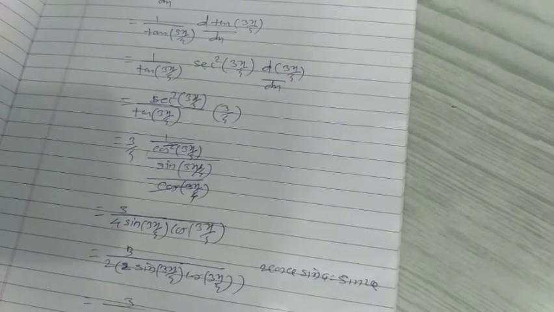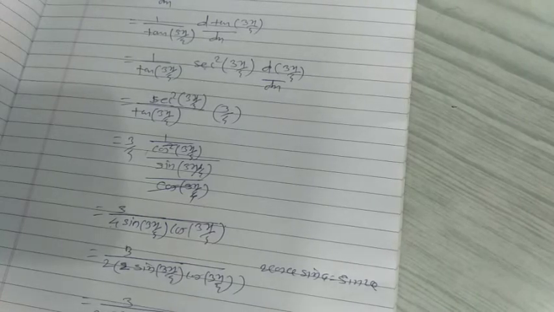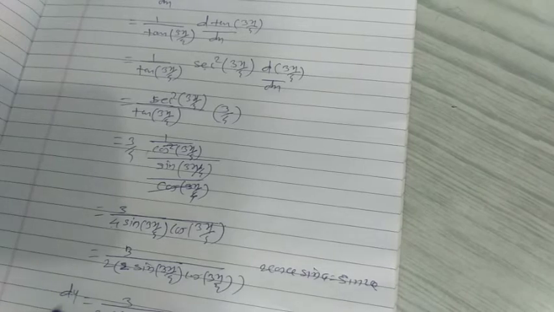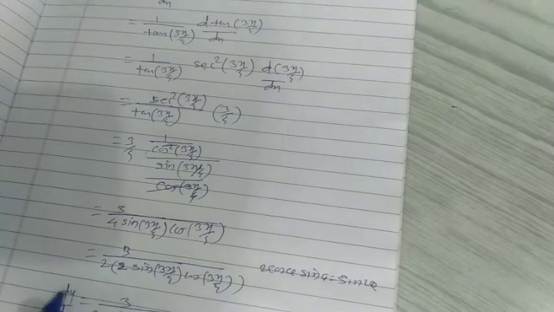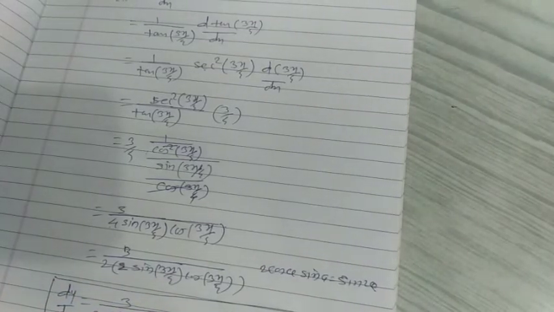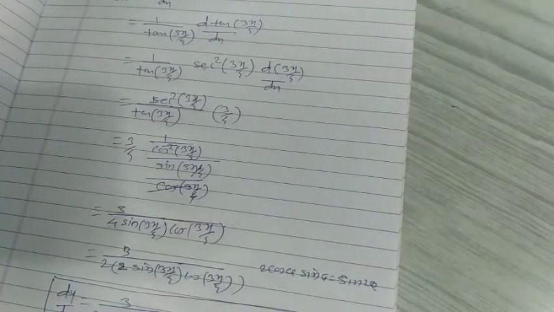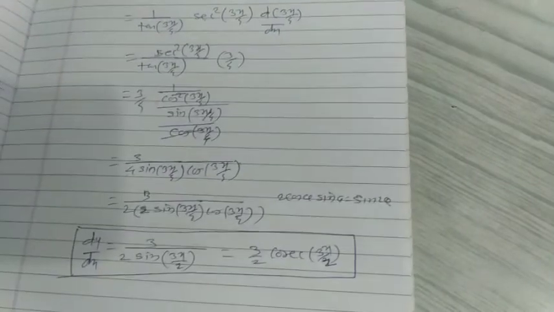That means the answer becomes 3 upon 2 into sine 3x upon 2, that is our answer, dy by dx. Also it is converted into 3 by 2 into cosec 3x by 2. That is our answer. Okay.